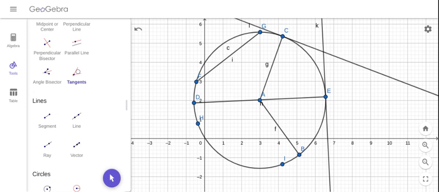Now, let's focus on this particular section. I'm talking about points C, A and E, the section that is made between points C, A and E. This particular section of a circle is called a sector.